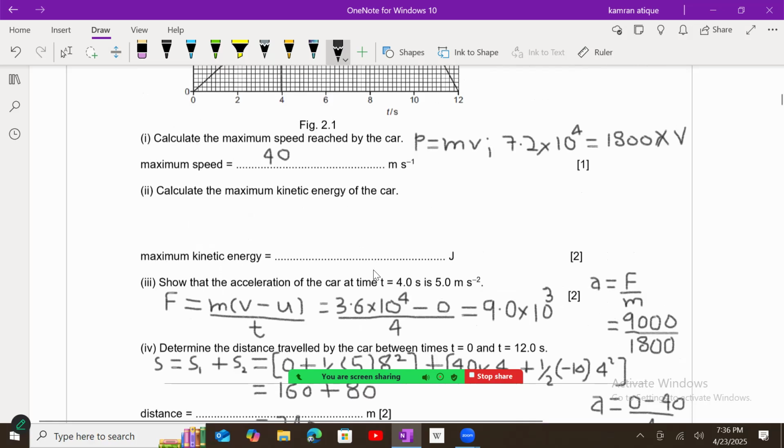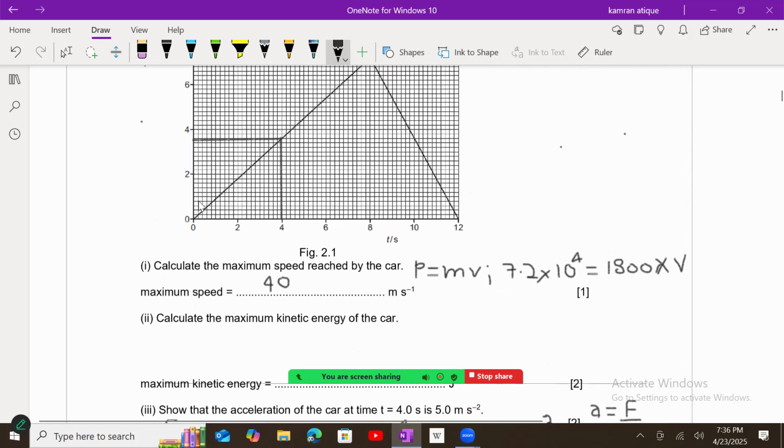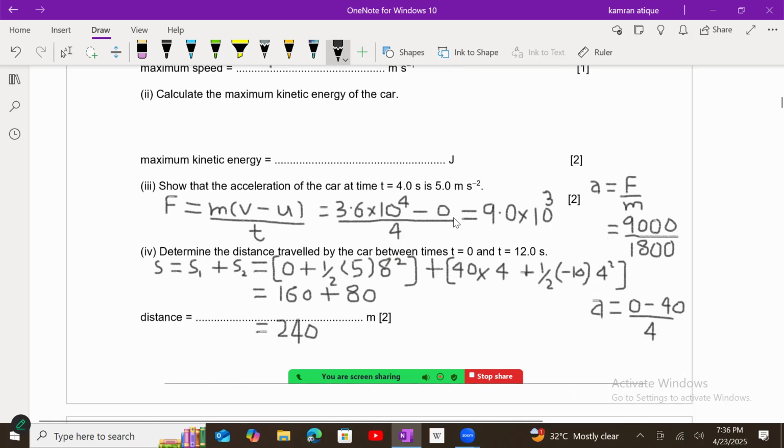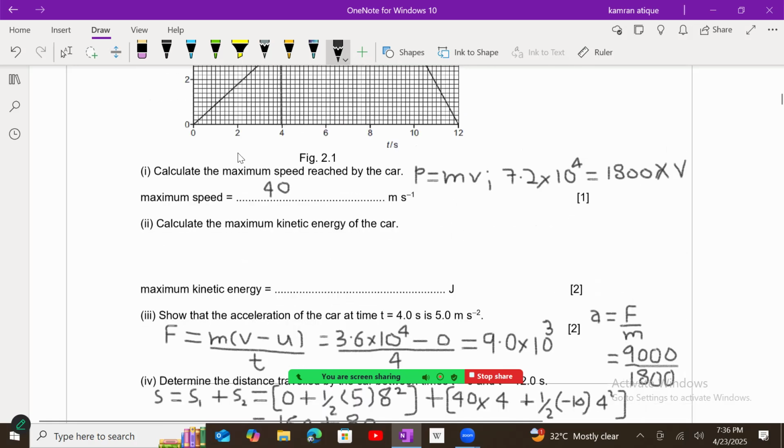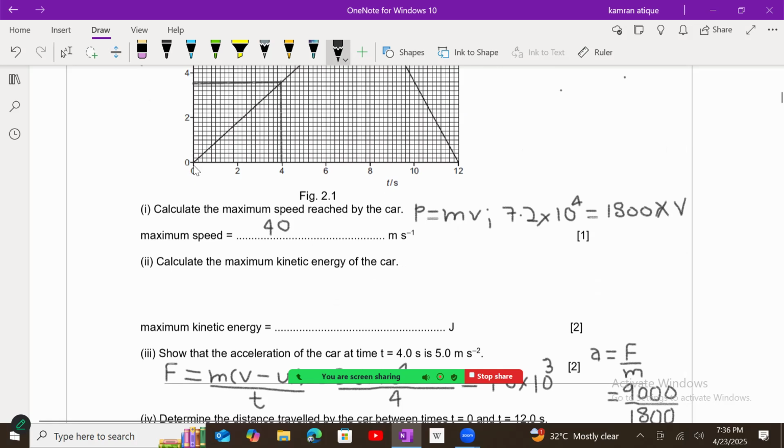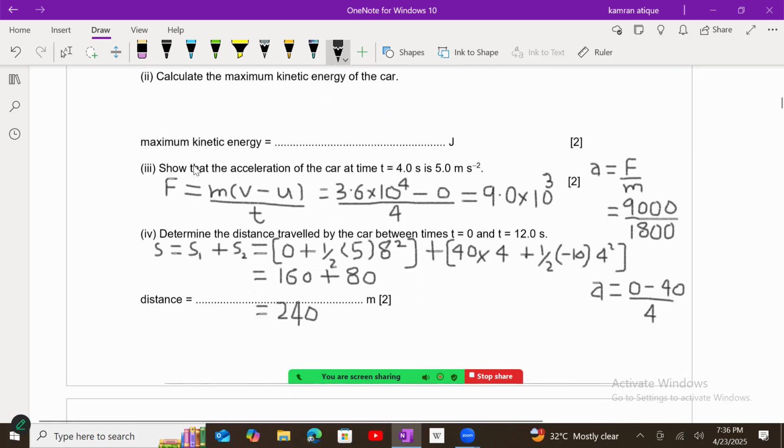This is the 4 second, and I have noticed that at the 4 second, the value of the momentum is equal to 3.6 into 10 raised to the power 4. In the 0th second, or in the beginning, the value of momentum can be taken as 0. So mv stands for the final momentum, mu stands for the initial momentum.